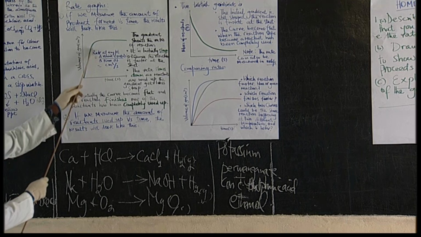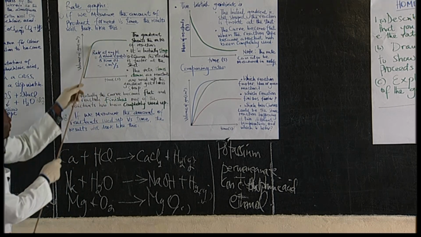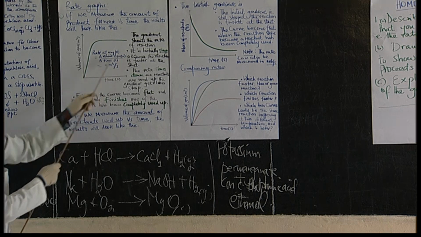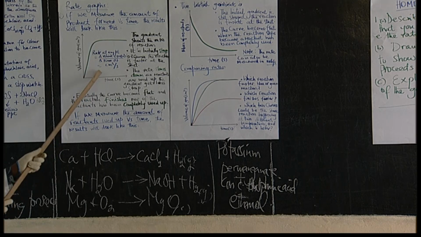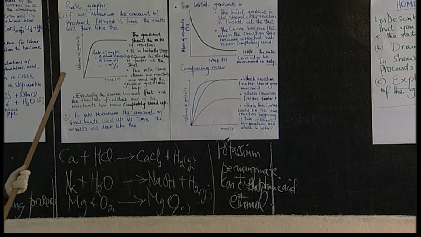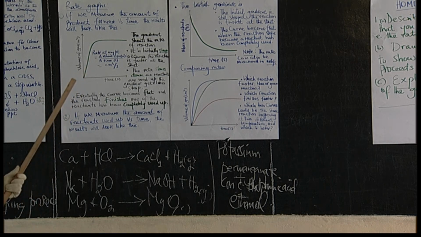That is the gradient at any point here. So at any point you will have the change in volume of the gas over change in time, which will be cubic centimeters per second. How much of the gas is produced in 1 second?